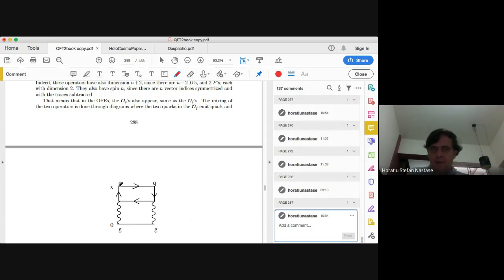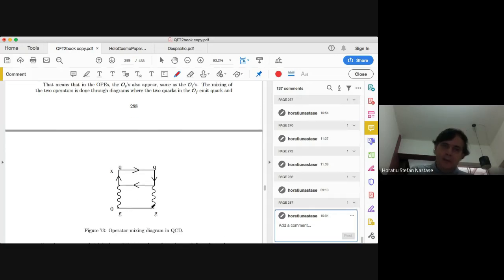I have a q bar at one end and q at the other end. And operator at 0, OG, I'll have now a gluon at one end and another gluon at the other end, and again connected. So that's why I wrote this arrow in the sense that one operator has q bar, the other operator has q. But of course, I could still have covariant derivatives in the middle.